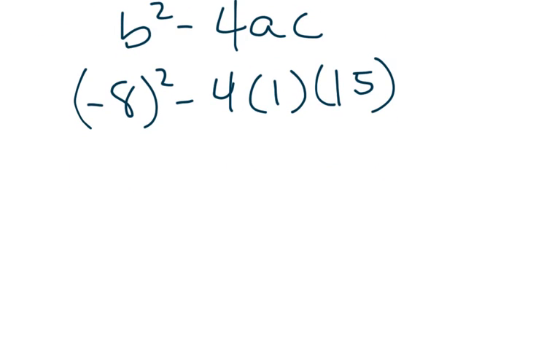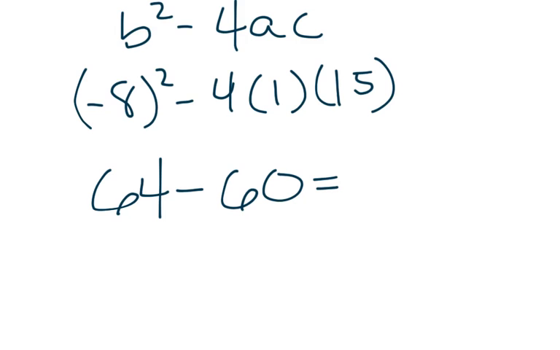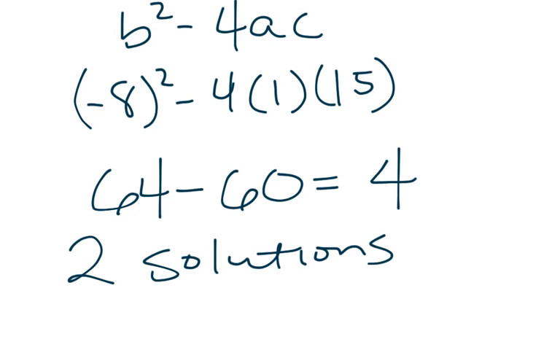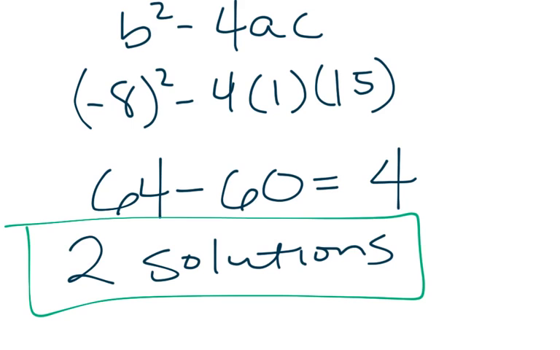Negative 8 squared is negative 8 times negative 8, and that is positive 64, minus 4 times 1 times 15, which is 60. And 64 minus 60 is positive 4. Since this is a positive number, this equation has two solutions. So this is your answer, two solutions.